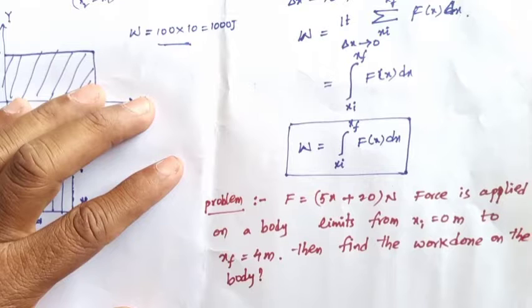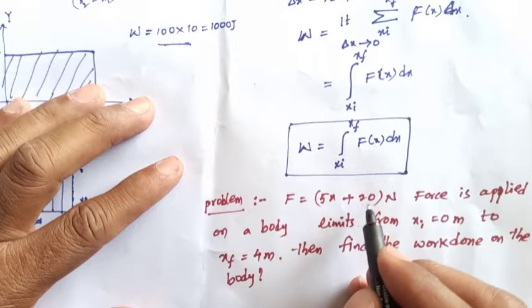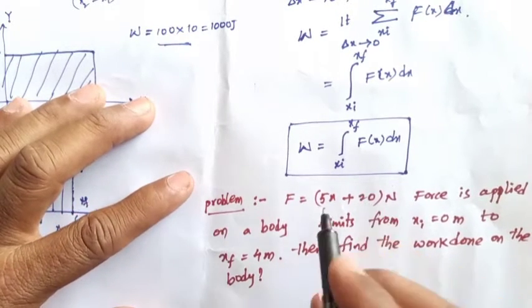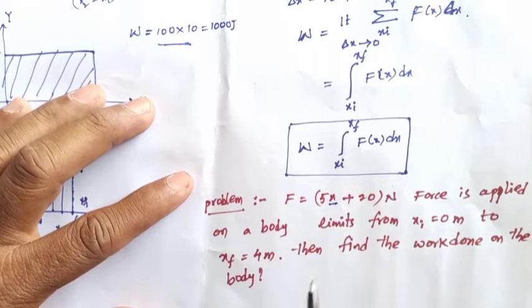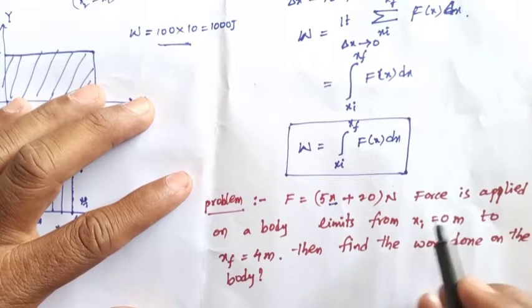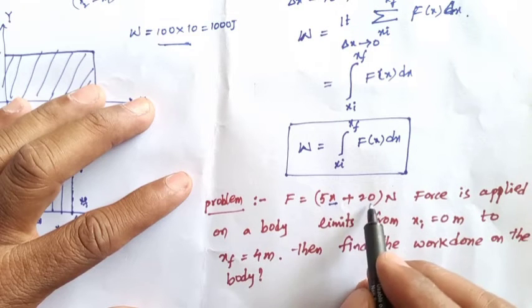Okay, it is a variable force because the force applied is 5x plus 20 newtons. This force depends on x, and x is from 0 meters to 4 meters. When x equals 0, the force is 20 newtons.